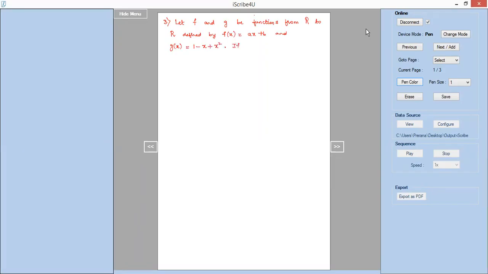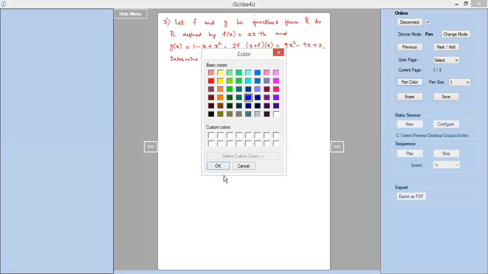If G composition f of x is equal to 9x square minus 9x plus 3, determine the constants a and b. Determine a and b. So let us see how to do the problem.